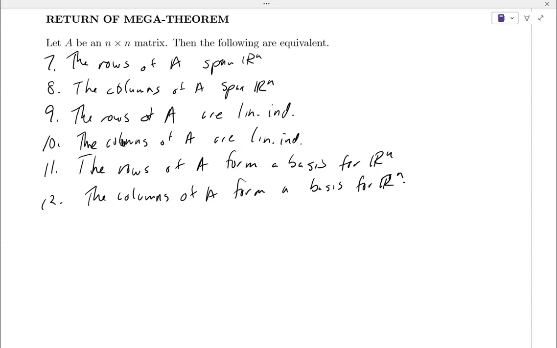All right. So we've got these, and again, these are all equivalent to each other. And again, they end up being equivalent because of the size of the matrix, right? It's a square. We can also phrase this in terms of rank and nullity, and row space and column space.